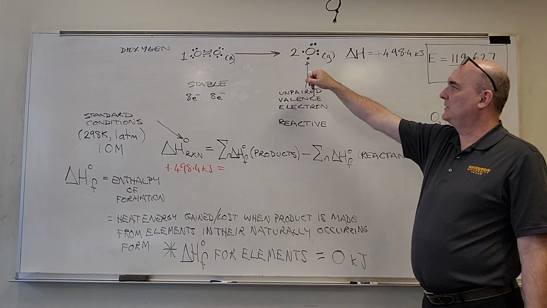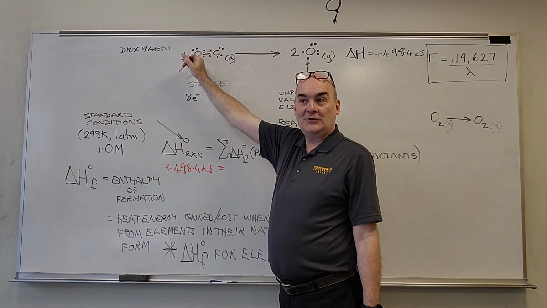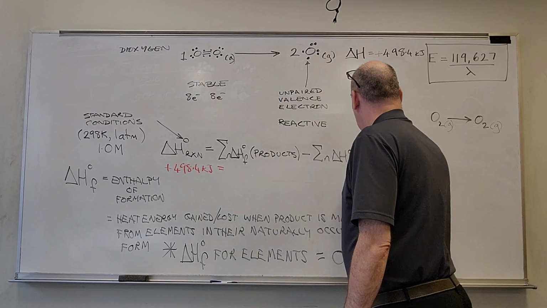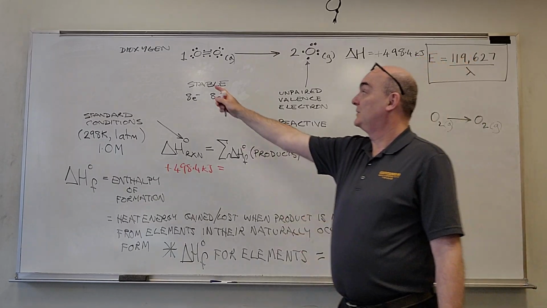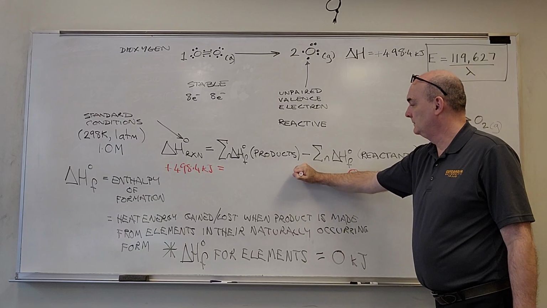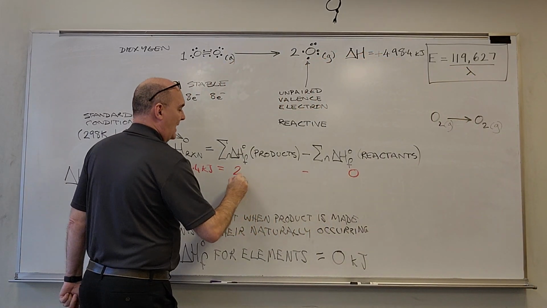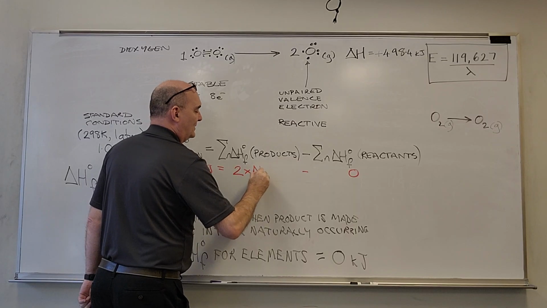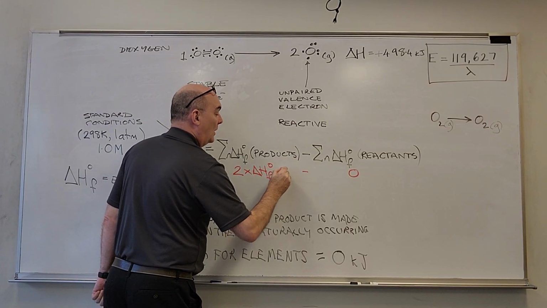Well, look at our reactants. Our reactant is elemental oxygen. So this value is 0. It is 1 times 0. The value here is 2 times delta HF of O.